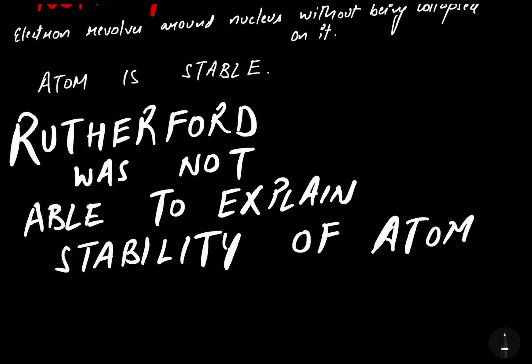Nothing happens like this. And Rutherford was not able to give the reason why nothing happens like this. That means Rutherford was not able to explain the stability of the atom. That was the drawback of the Rutherford model.